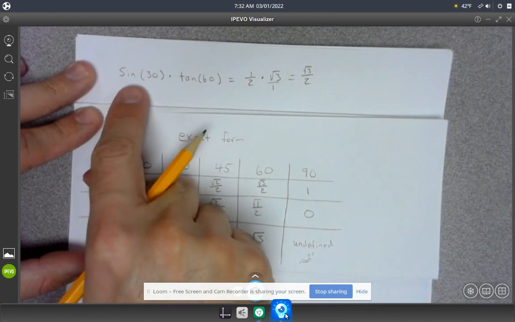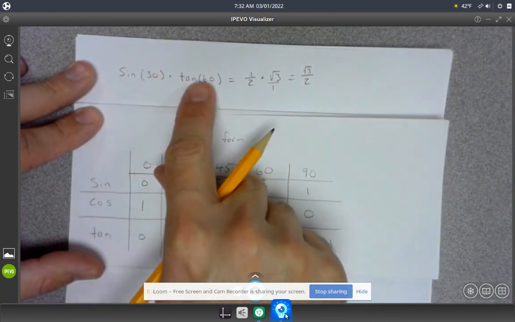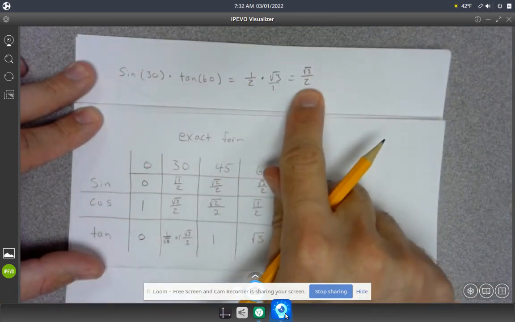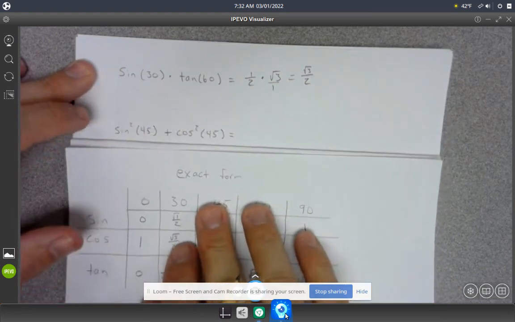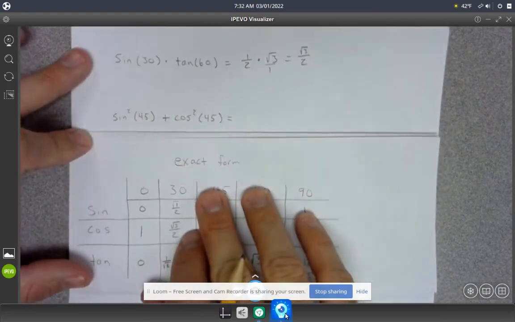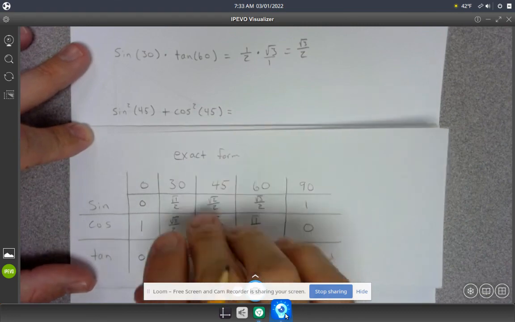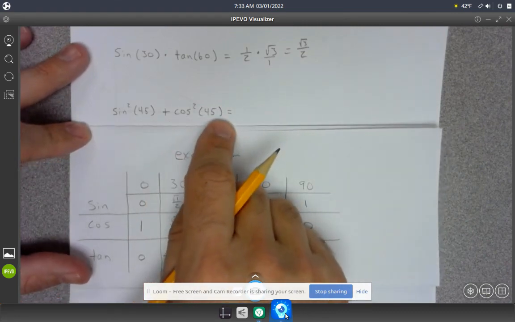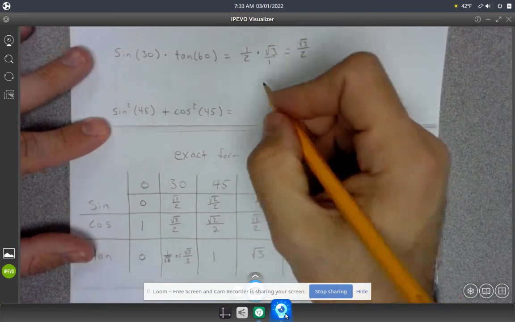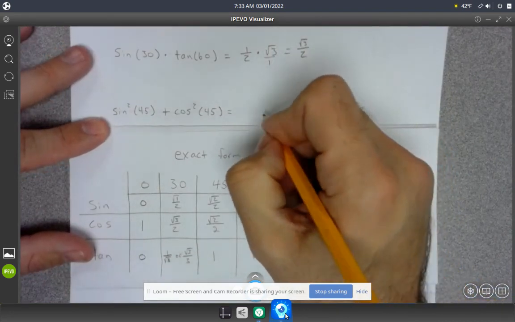And if you type this into a calculator, it should match whatever this comes out as in a calculator. All right, sine of 45 squared plus the cosine of 45 squared. This one you're going to be so familiar with later in the class, you won't even hesitate to answer what this is.